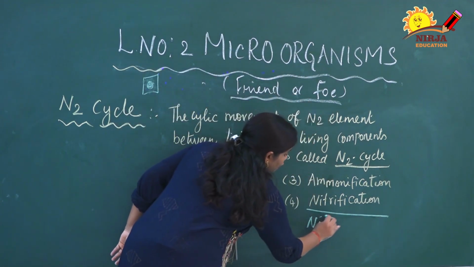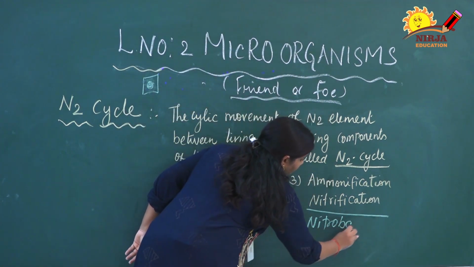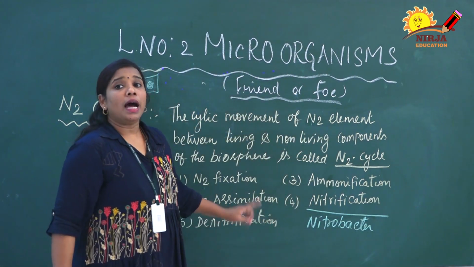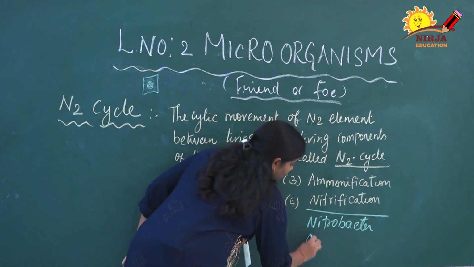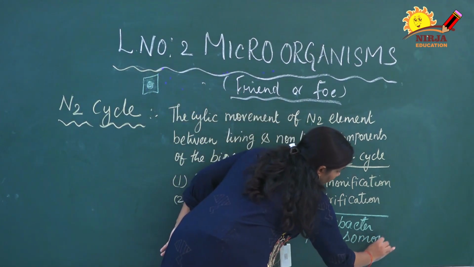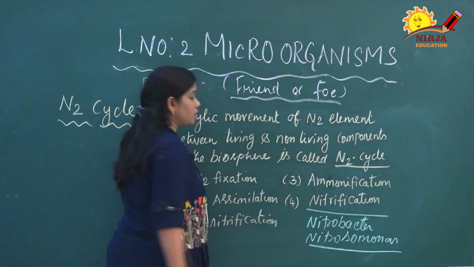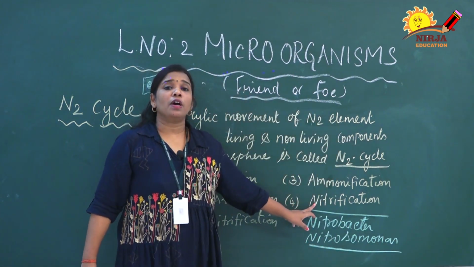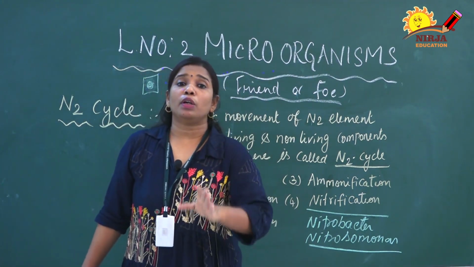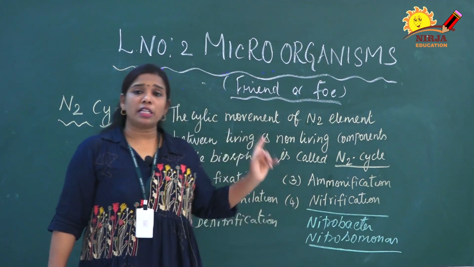One is Nitrobacter. Another one is Nitrosomonas. These two bacteria are involved in nitrification. So nitrification means ammonia is converted into nitrates.